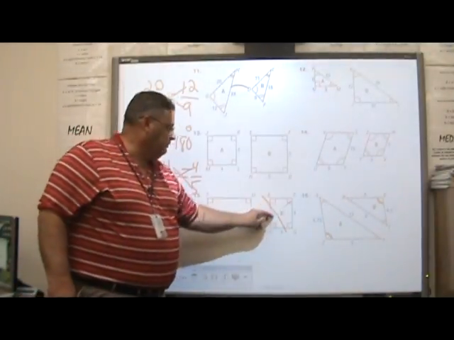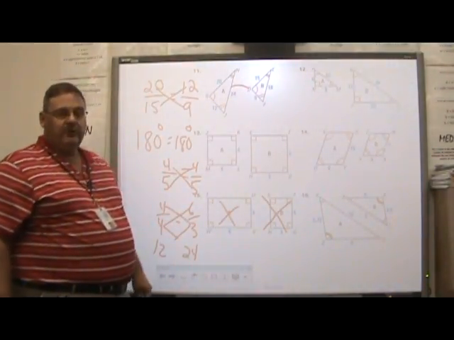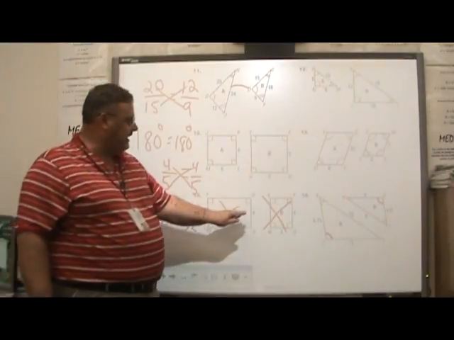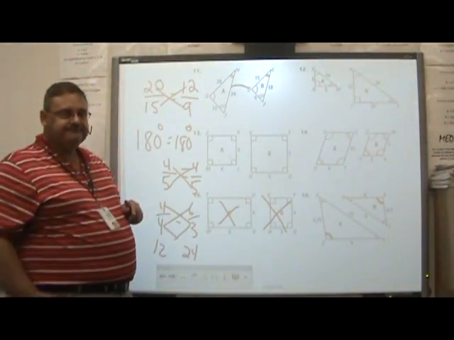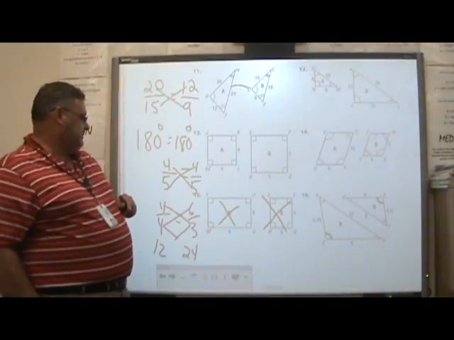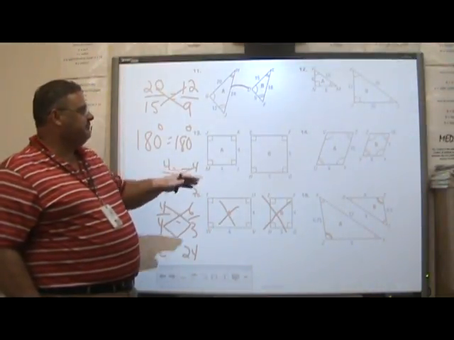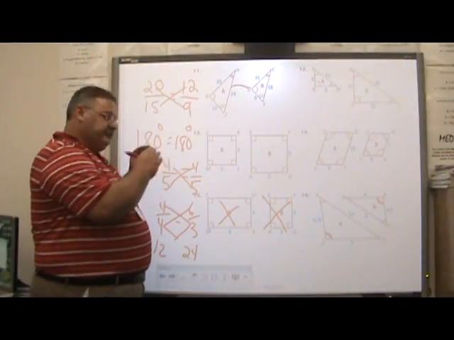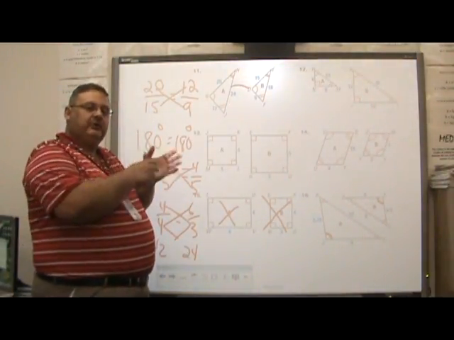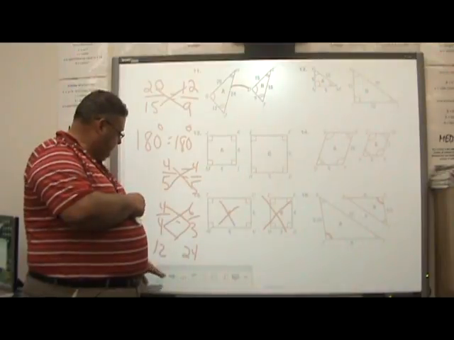So no, when you cross multiply, these did not come out equal. So although they're both rectangles, they are not similar. I'm not going to do all the problems. Again, if you're still a little fuzzy, go back and look at the ratio proportion video that we've prepared for you.